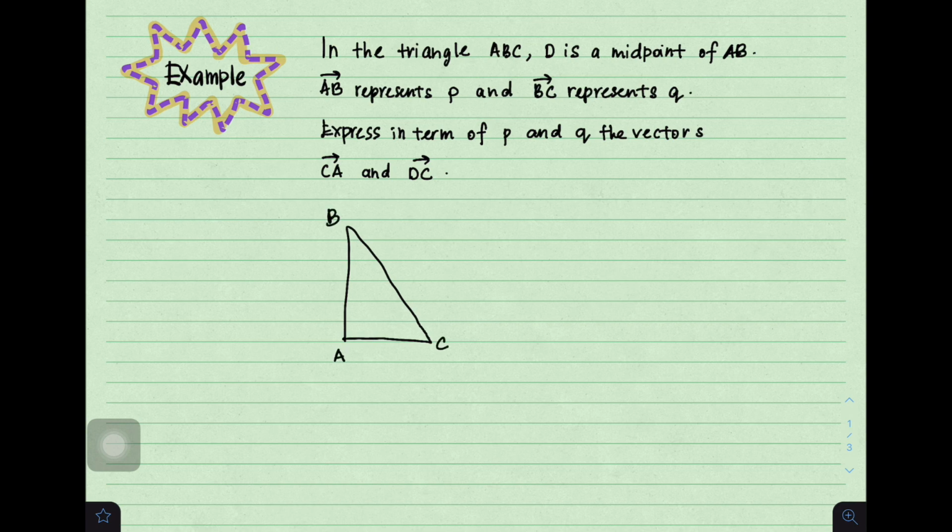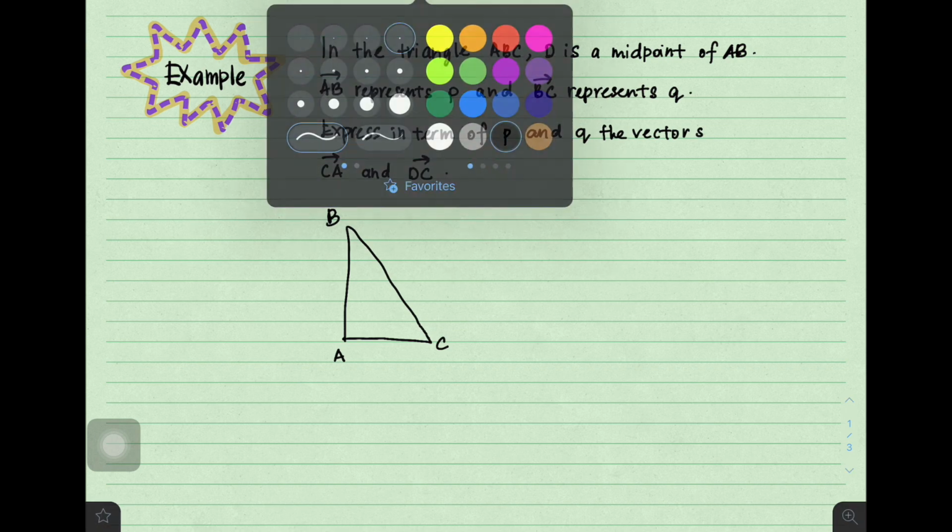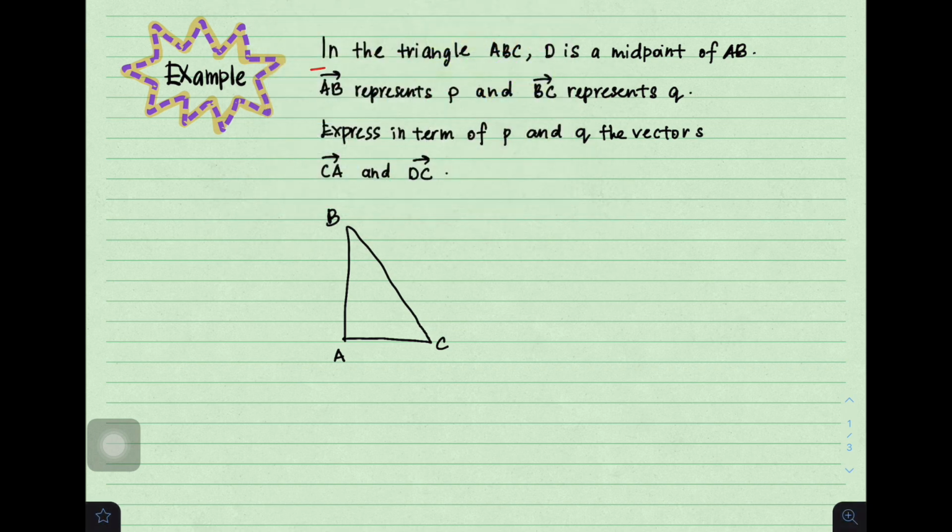Okay, so what is the meaning of A to B vector here? Okay, you need to see what is the first one. So A to B means that you need to start with A and go to B, so the direction will be like this. This one is A to B vector.